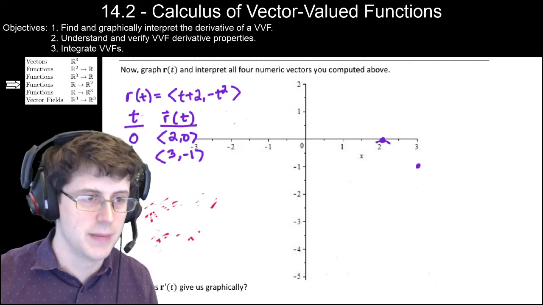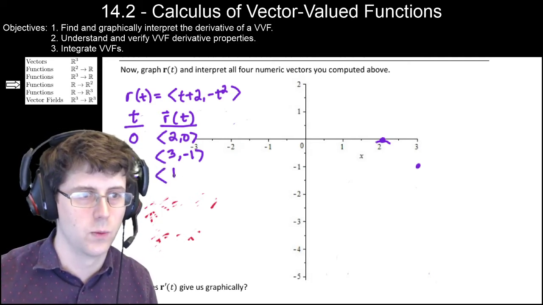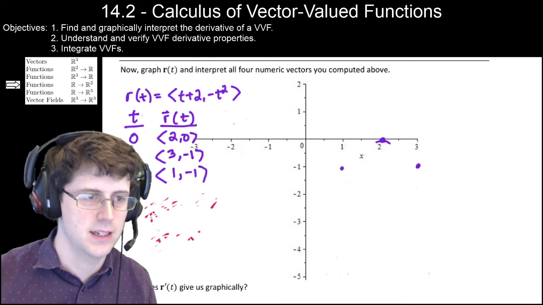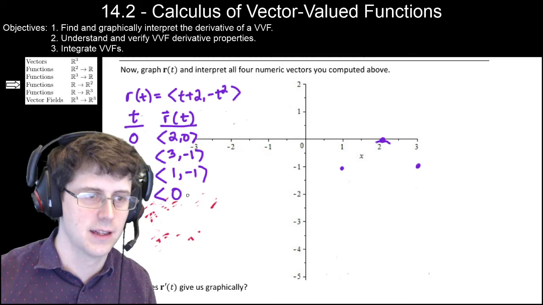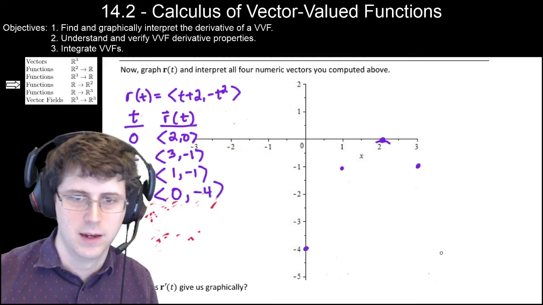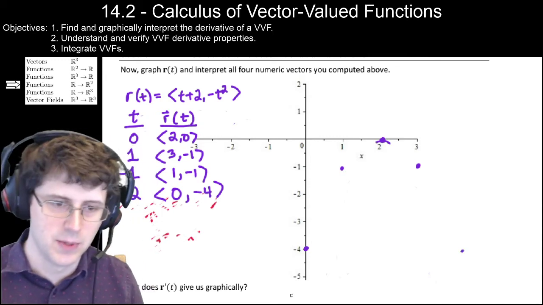When I plug in t equals minus 1, I get (1, -1). Let's try t equals minus 2 just to get the x equals 0 point. And at this point I can see that it's going to be some kind of parabola.